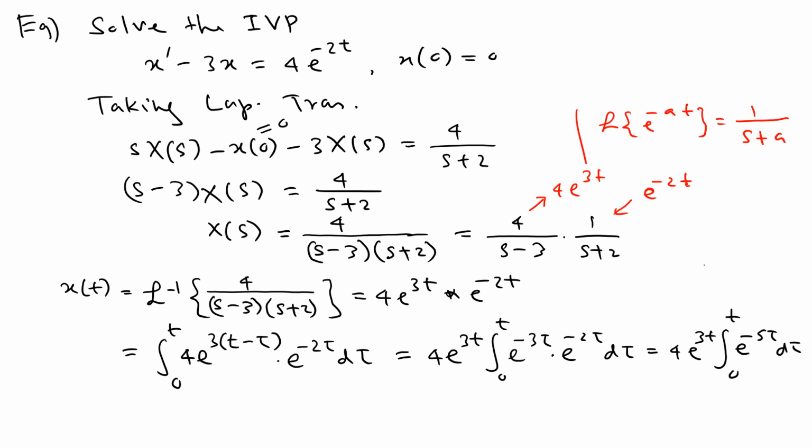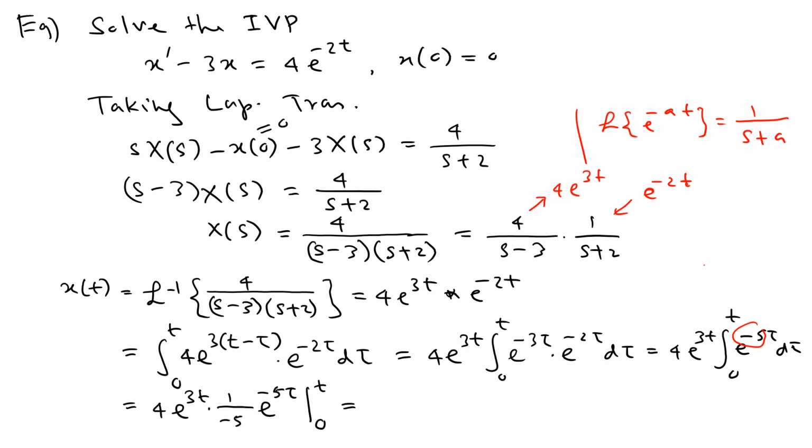This is a very simple integral. We need simply divide by the constant, in this case negative 5. So what you get is 4e to the 3t times 1 over negative 5 e to the negative 5 tau, evaluated from 0 to t.